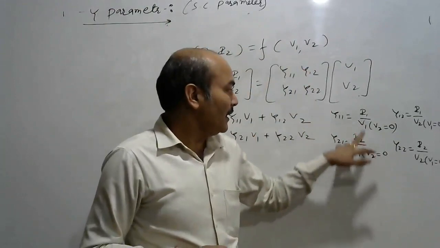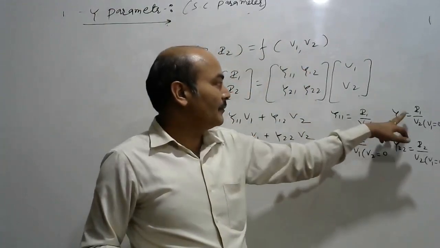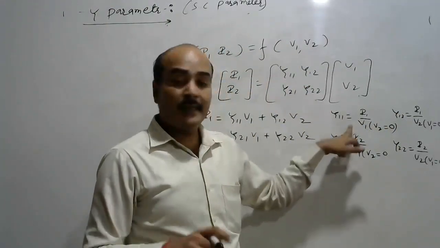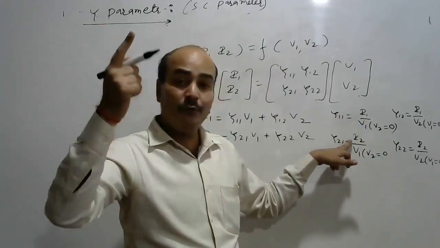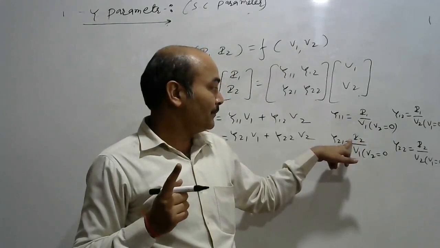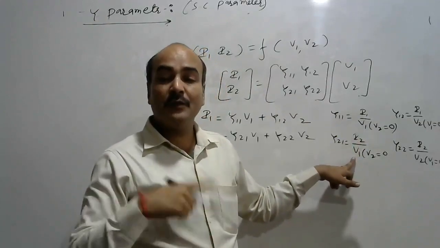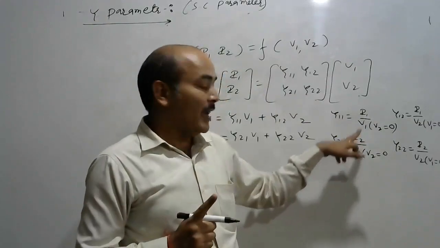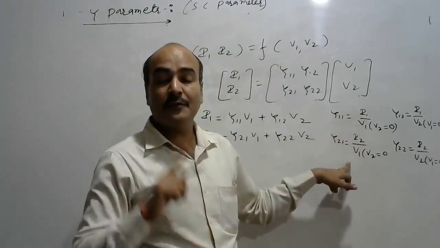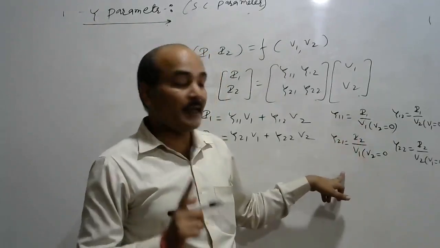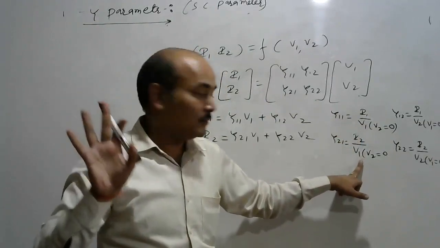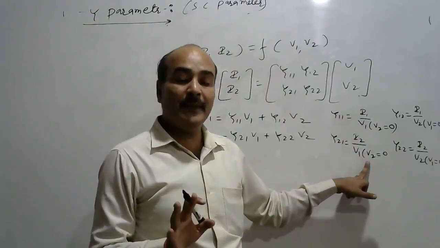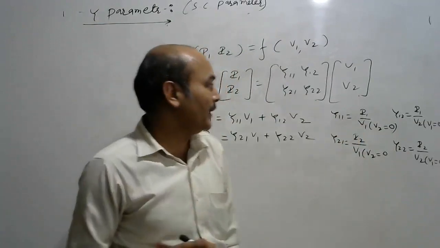Okay. And what is y21? This is I2 by V1. The output is in the numerator, so it is an output quantity, and this is an input quantity. This term is a transfer, and it is current to voltage, so that is an admittance. So this term is a transfer admittance with V2 equal to 0. V2 equal to 0 means output voltage short circuit.